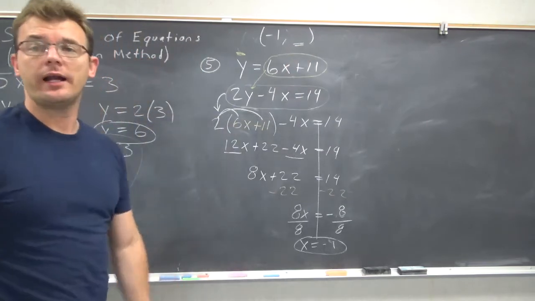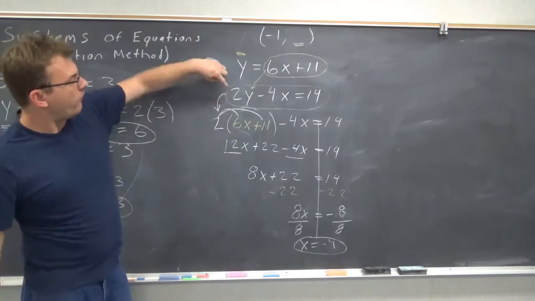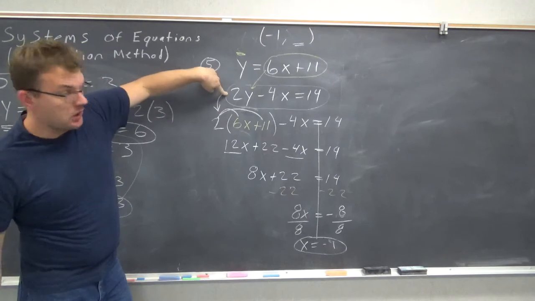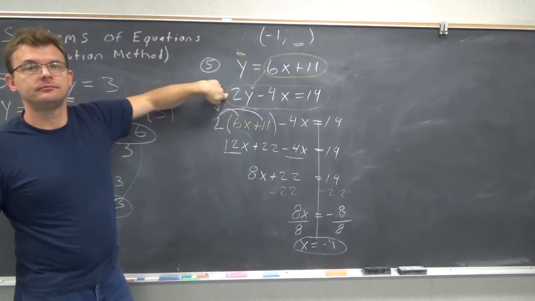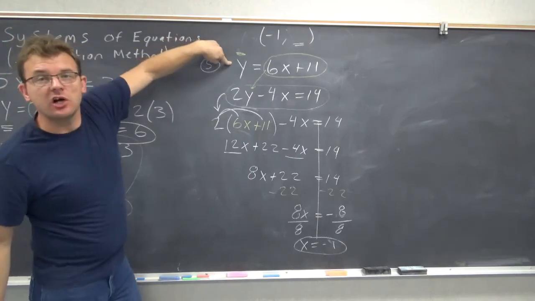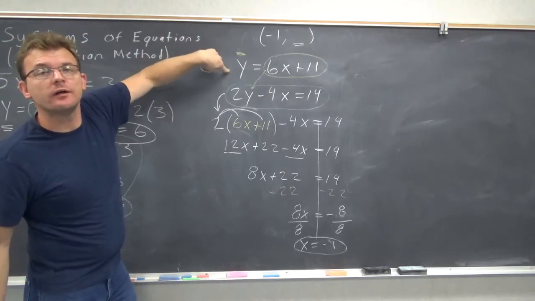Okay, you need the y now. Well, do you see how the original equation is not solved for y? This one is solved for y. I want to use this one.